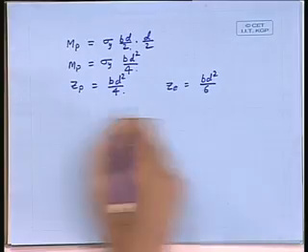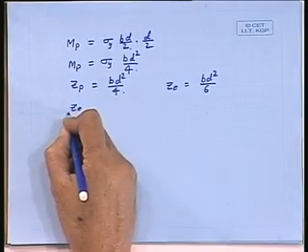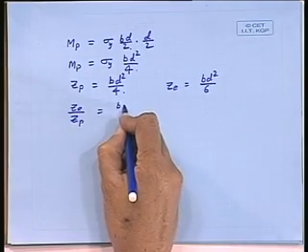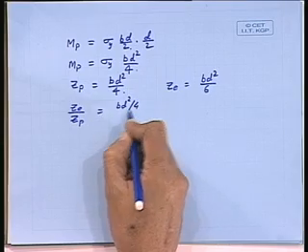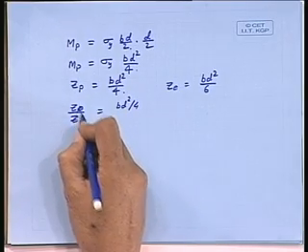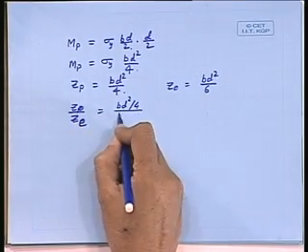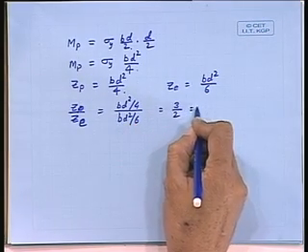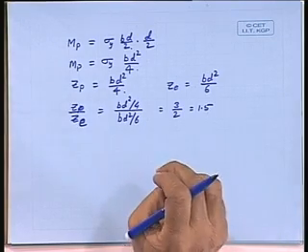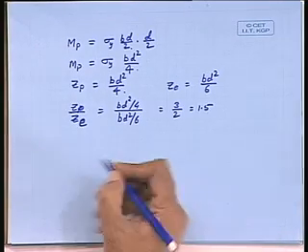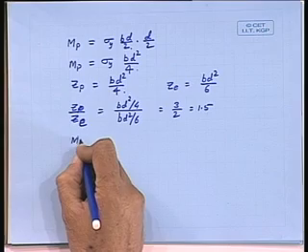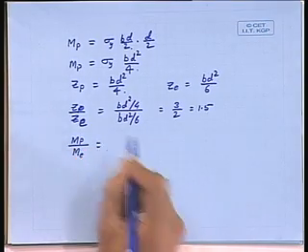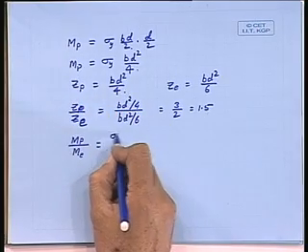Now if you take the ratio of Z plastic by Z elastic, or if we say what is the ratio between plastic moment by elastic moment, then plastic moment is equal to this.